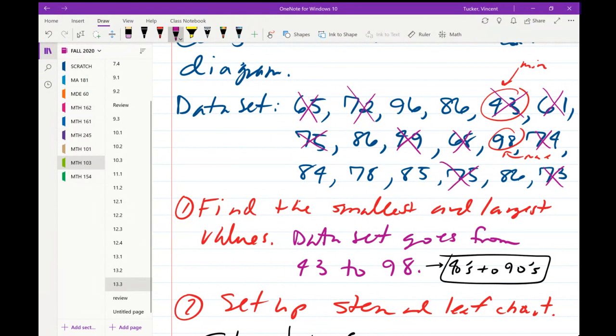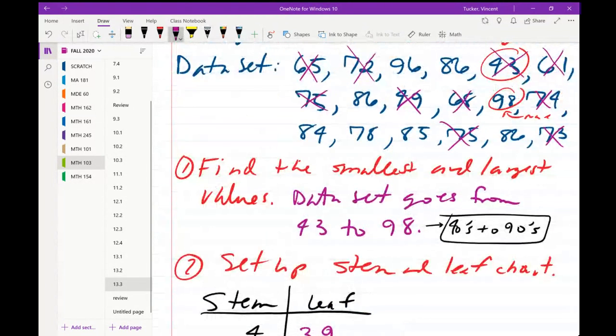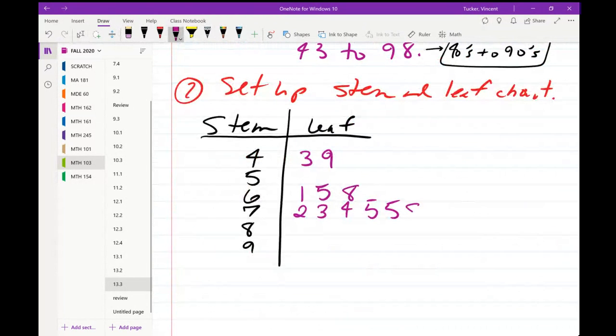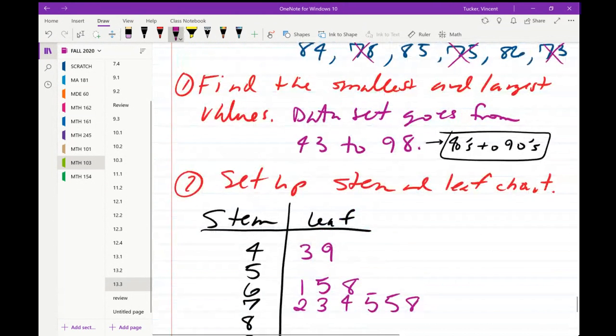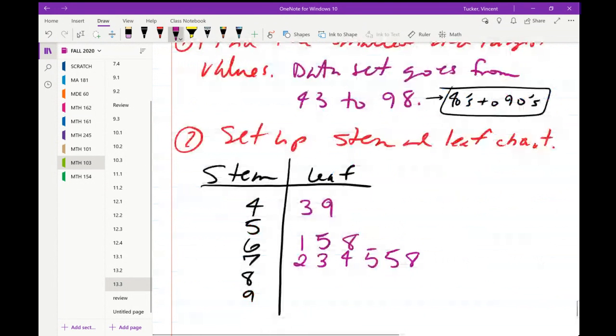There are two 75s, so you write 5 twice. And 78. Then go to the 80s and do the same. I see 84 is my lowest, then 84, 85, so I do 4 and 5.